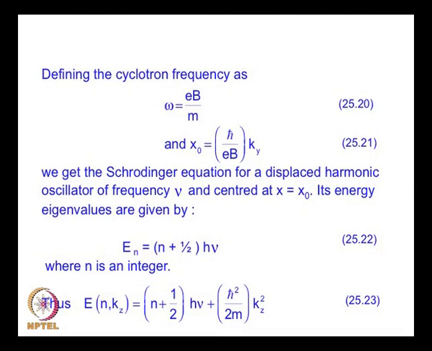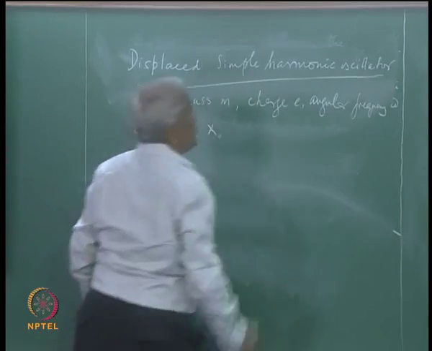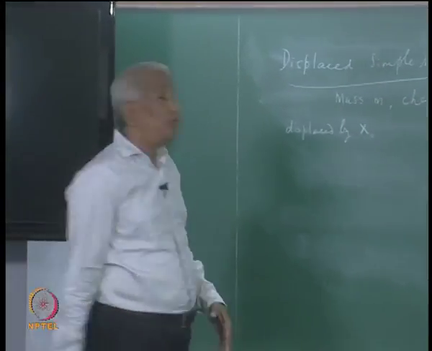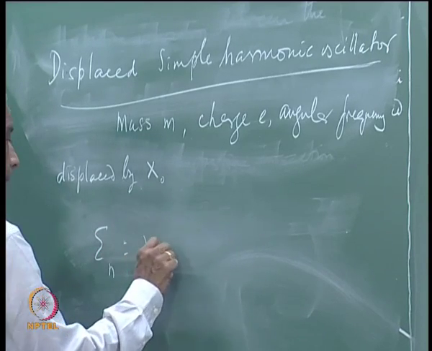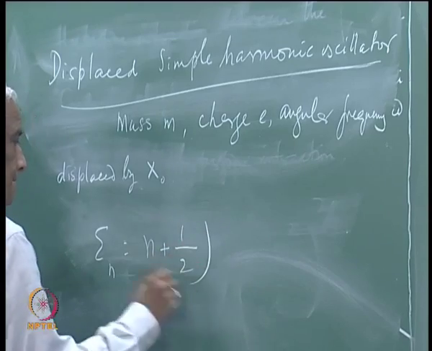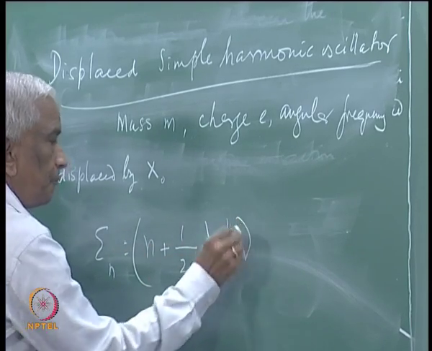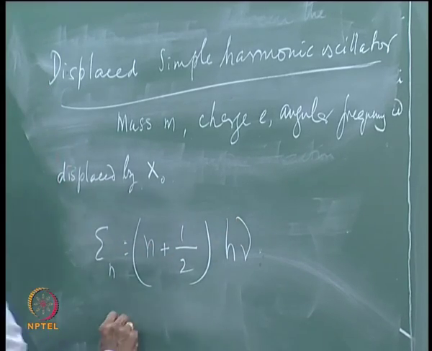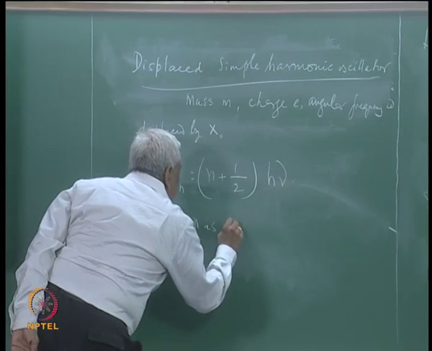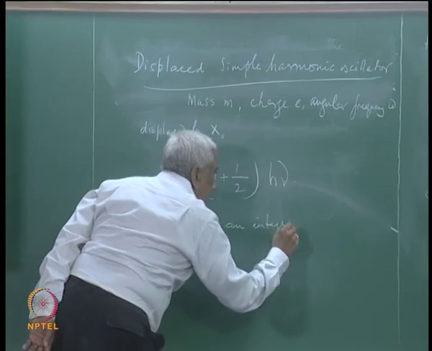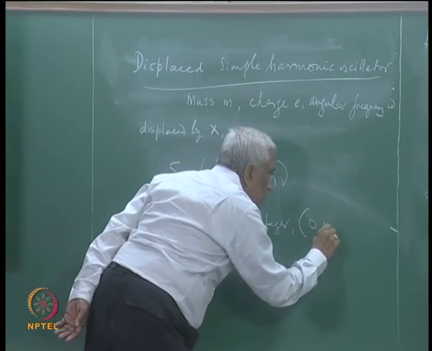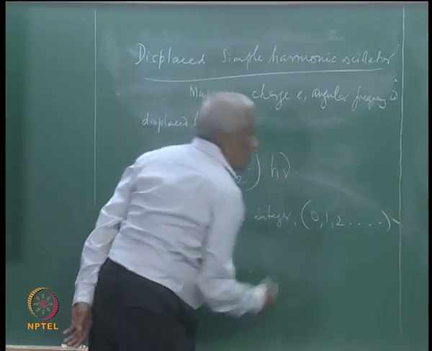So, the energy eigenvalues of such a displaced simple harmonic oscillator are well known from quantum mechanics. They are given by the expression, where n is an integer, say 0, 1, 2, etc.